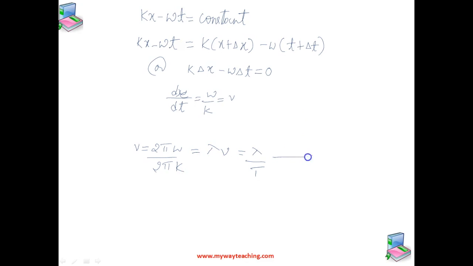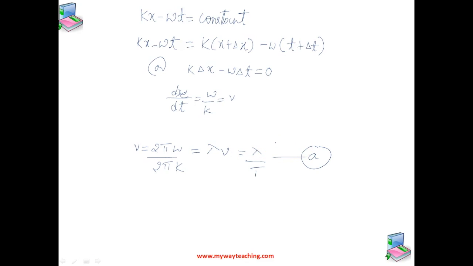And this one we call equation A, and it is a general relation for all progressive waves. It shows that in the time required for one full oscillation by any constituent of the medium, the wave pattern travels a distance which is equal to the wavelength of the wave, isn't it?